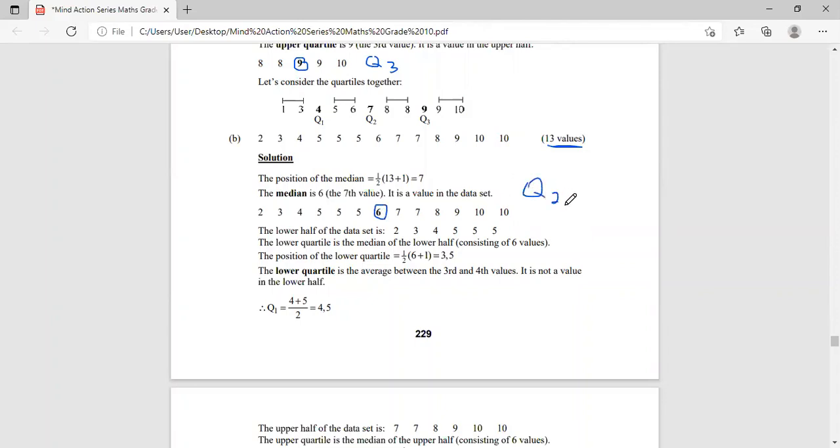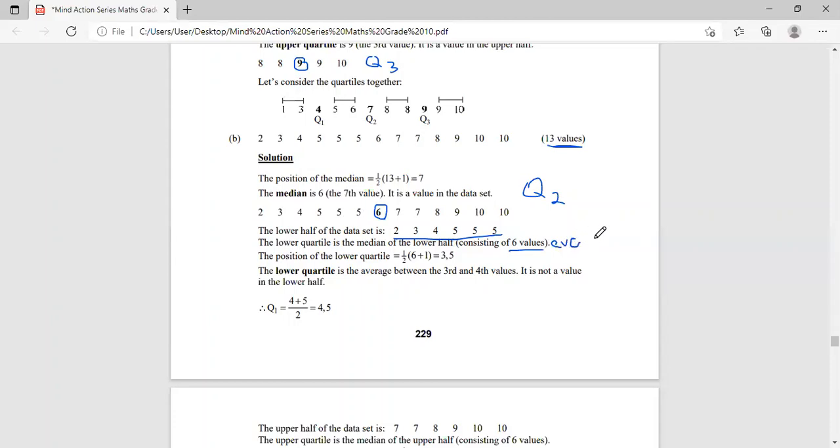Q2. The lower half of the set: these values right here, 2, 3, 4, 5, 5, and 5, right? So the lower half is even now, our 6 values.